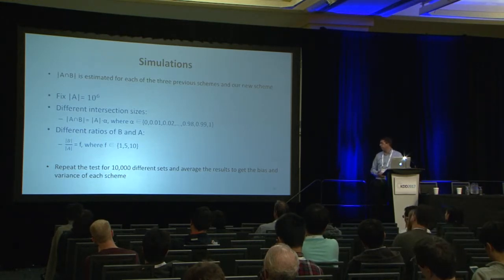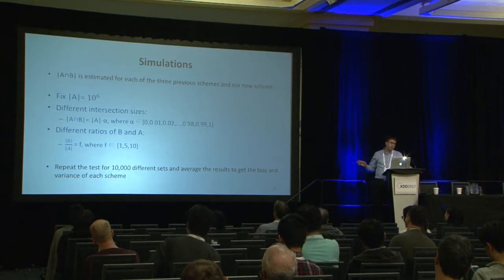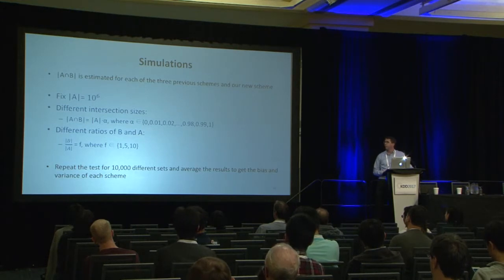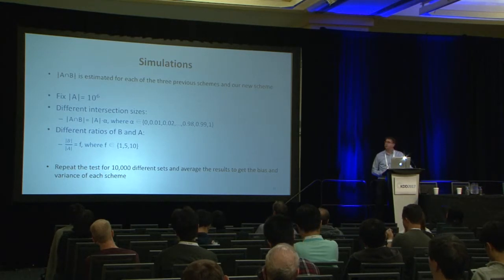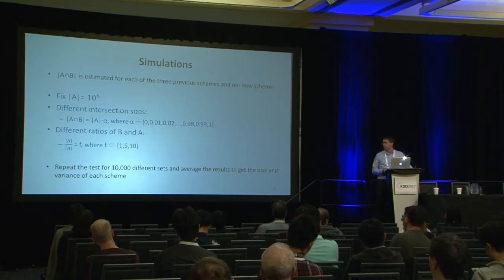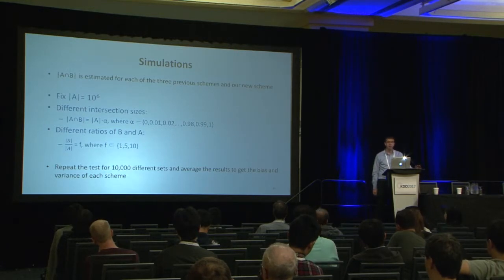We fix the cardinality of A to be 1 million different elements and use different intersection sizes from 0, when the intersection is empty, to 1, when the intersection is complete A, and different ratios between the sizes of B and A: either 1, when the 2 sets have equal size, 5, when the cardinality of B is 5 times A, and 10. We repeat this test for 10,000 different sets and average the results to obtain the bias and variance of each scheme.